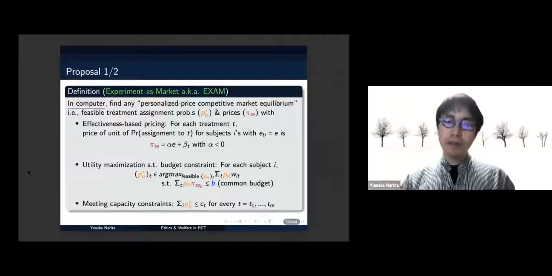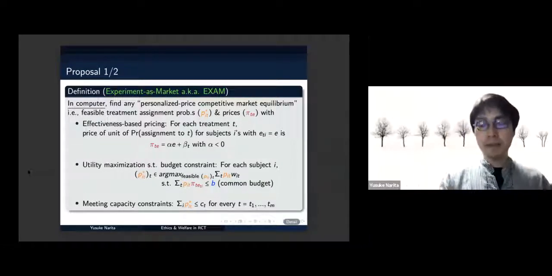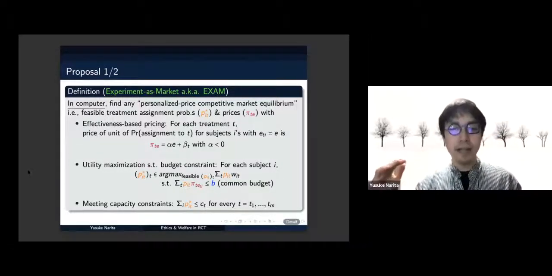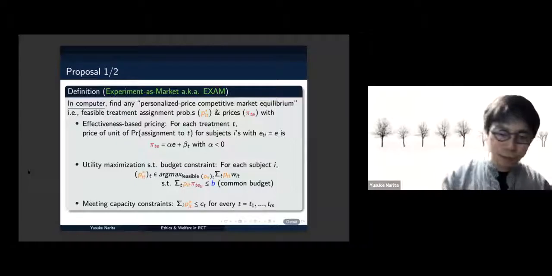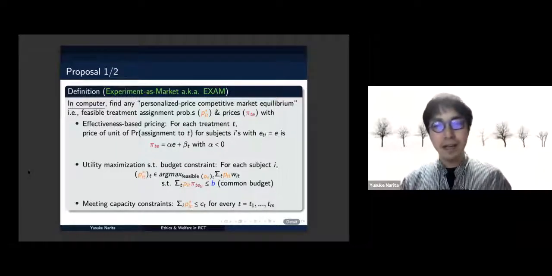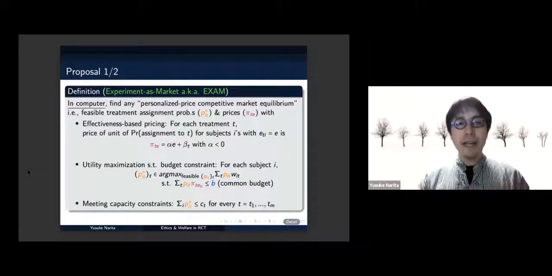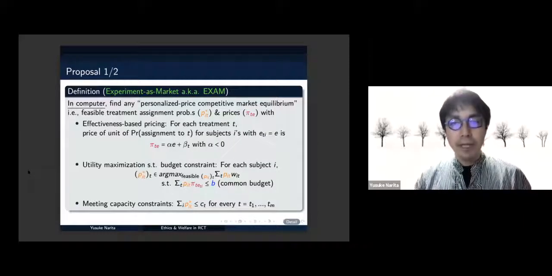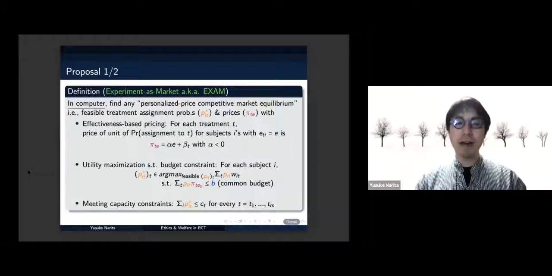This common budget is picked by the experimenter as some constant number, which is the same for every subject. Then finally, I also require some innocuous capacity constraints. Then let's find any treatment assignment probabilities P star that satisfy all of these equilibrium conditions.